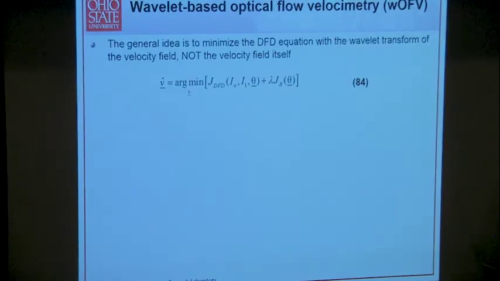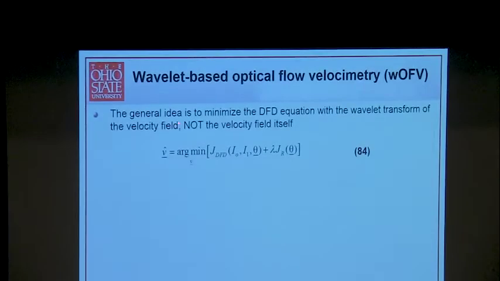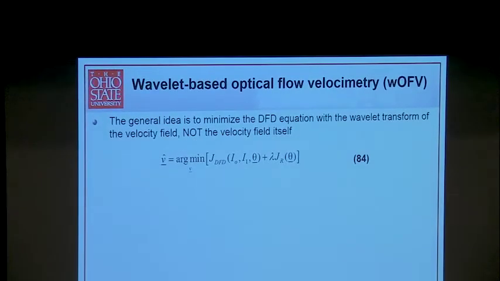So the idea here is not to minimize the DFD equation with the velocity field. I'm sorry, the sentence there is a little confusing. Let me just say that the idea is to minimize the DFD with the wavelet transform of the velocity, not the velocity field. As we saw in the way it's set up, you're minimizing to find velocity, essentially looking at the solution of the velocity field.